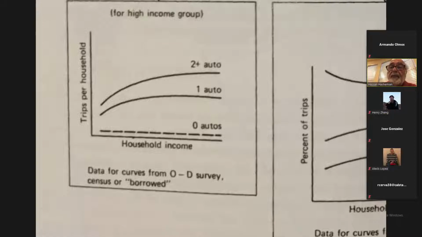You remember the trip rate that we found by those tables? So again, if you use a household income and you go up, you find the trip rates. These are the trip rates per auto ownership, which we had in the other table that I showed you. So this gives you the number of trips per household. So these are your trip rates.